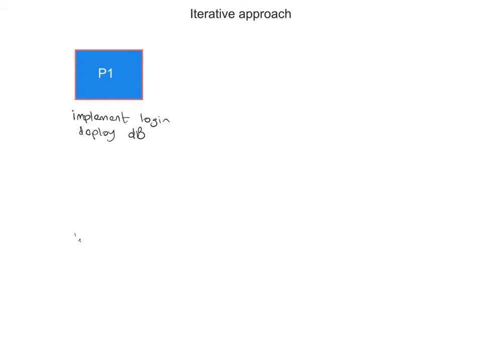Maybe the first thing, and I may have a table on the database because I've done my design before, so I've got an idea now of what the table should look like, because I did the due diligence of producing a design for this in the first place. So now I can deploy this. Maybe it's in Azure, maybe it's on some external service somewhere, but I deploy a database.